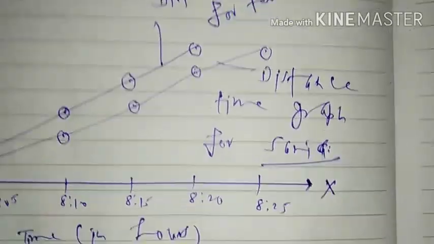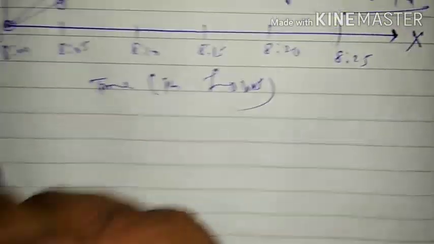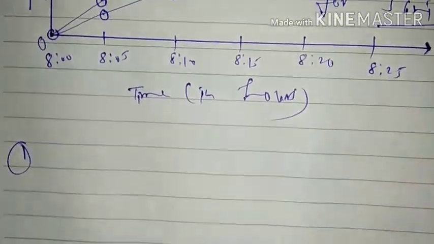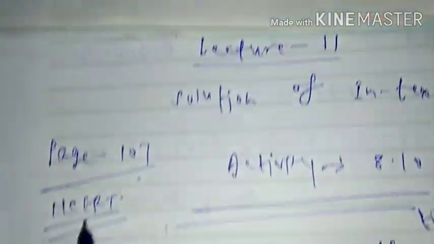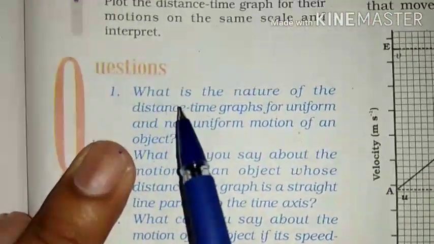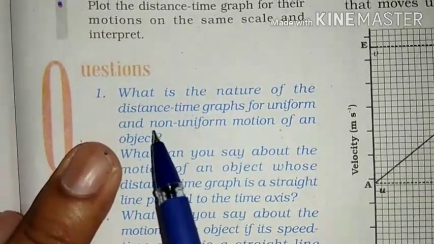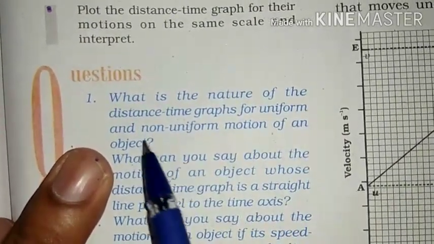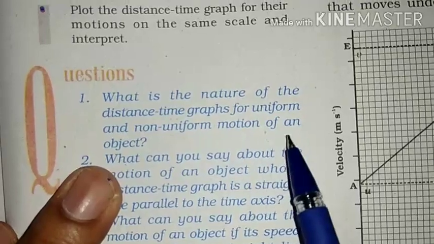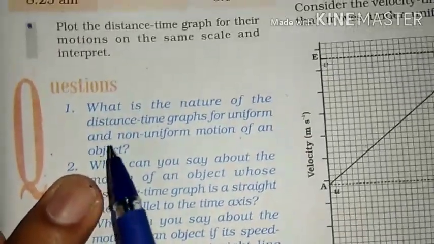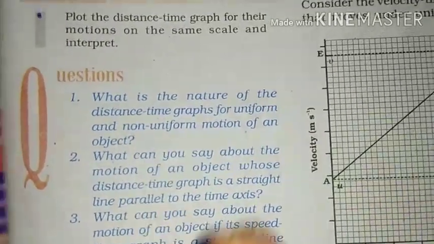So see, what is question number 1? Question number 1, page 107 of NCERT, states: what is the nature of the distance time graph for uniform and non-uniform motion of an object? We have traced the distance time graph.